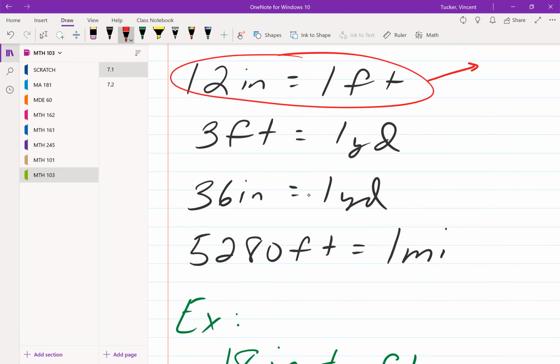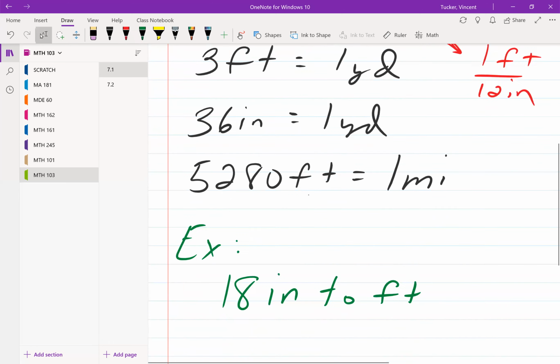Now, we can use this one of two ways. We can either write it as 12 inches over 1 foot or 1 foot over 12 inches. So it's the same measurements, just using it in a different way. One is inches over feet, the other one is feet over inches.